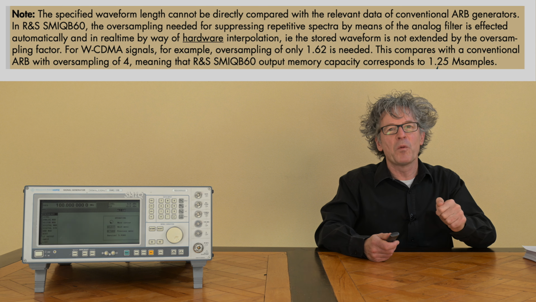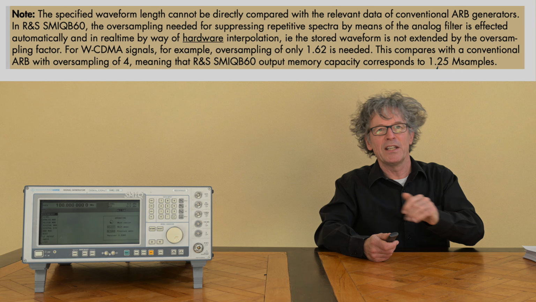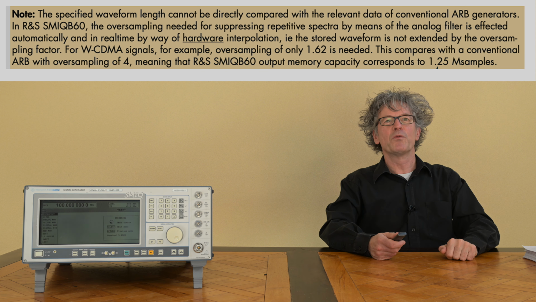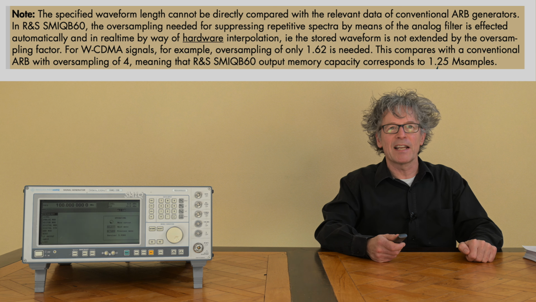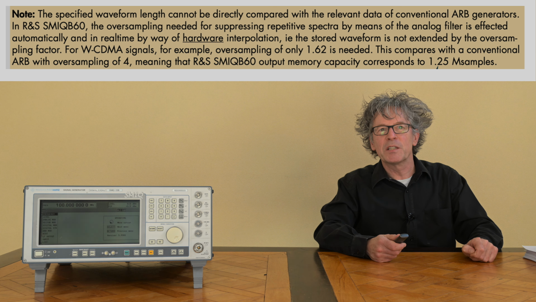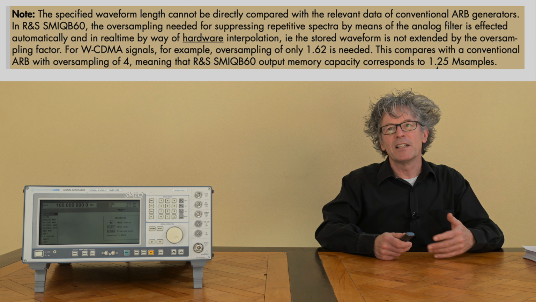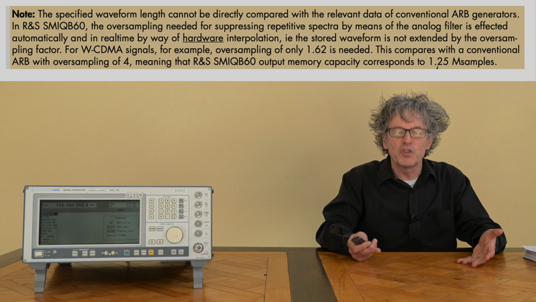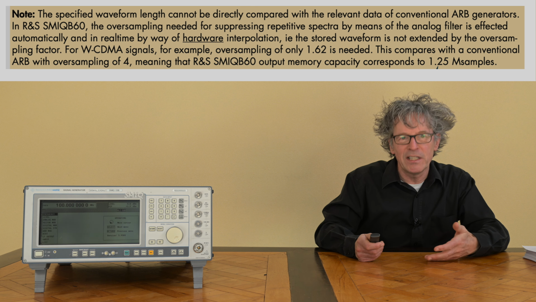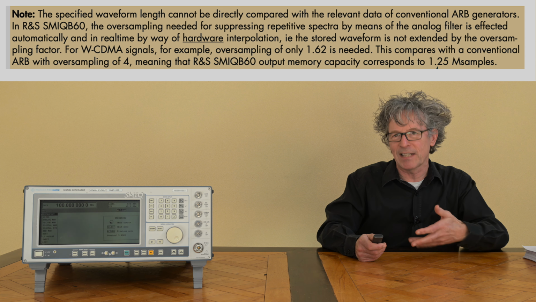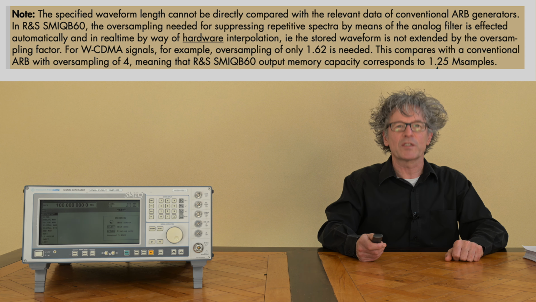About the memory, there's also an interesting note in the documentation of the device. It says you cannot really compare the amount of memory in this device with what Rohde and Schwarz calls a conventional arbitrary generator. The point they're making is that they have hardware interpolation in the device that prevents you from having to do large degrees of oversampling, and that this would compare to another device with about 3 or 4 times as much memory.